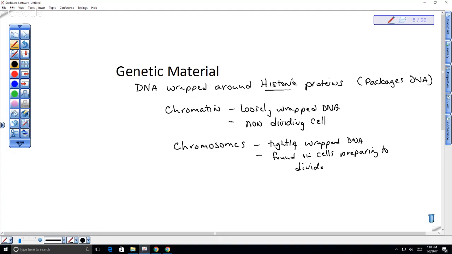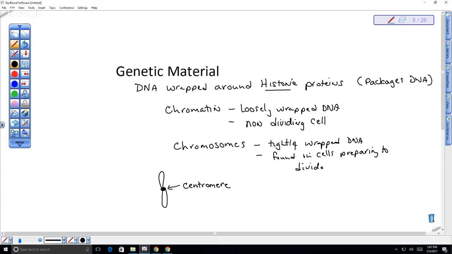Okay. So if we look at the typical shape of a chromosome, it looks something like this. The center is more tightly wrapped, and this is what is called the centromere. That is just more tightly wrapped DNA.